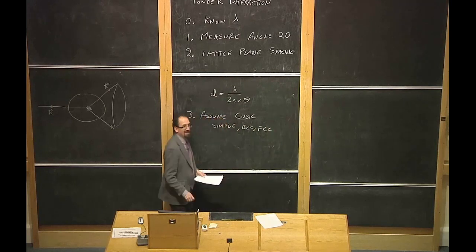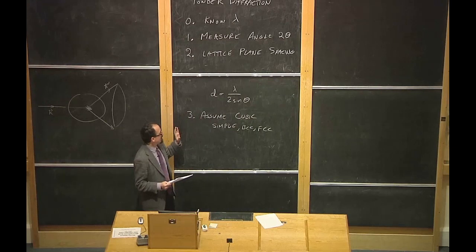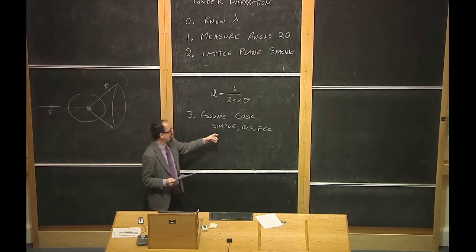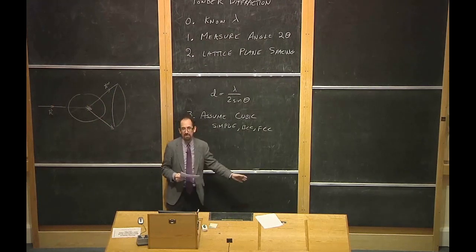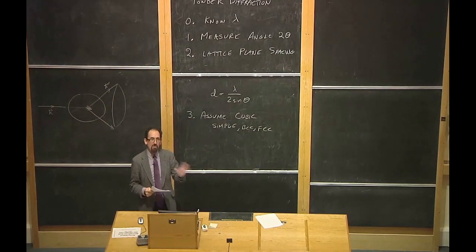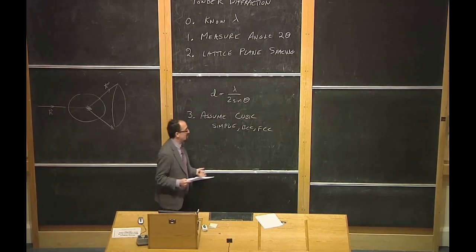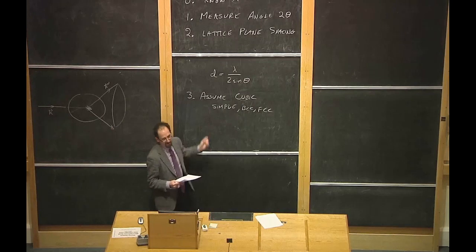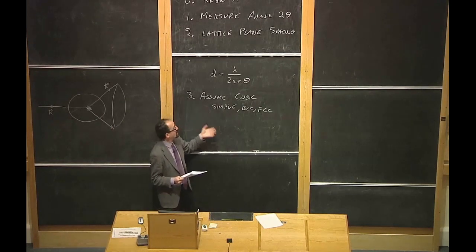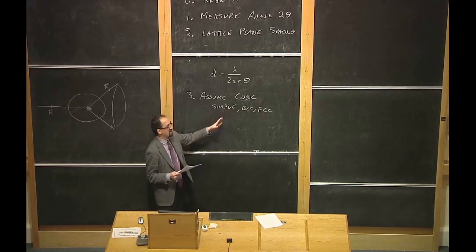I have never seen, in 25 years of exams, a third-year exam that has asked you to figure out a powder diffraction pattern for anything more complicated than simple cubic, BCC, or FCC. Those are the only lattices you'll run into on your third-year exam. That's almost a promise. I mean, of course, they could do something for the first time, but it's a pretty good assumption that this is all you're ever going to run into. In the real world, you'll run into things that are more complicated, but it's not a bad thing to start with this as an assumption, and if you can't get the data to fit these, then you go on to more complicated possibilities.